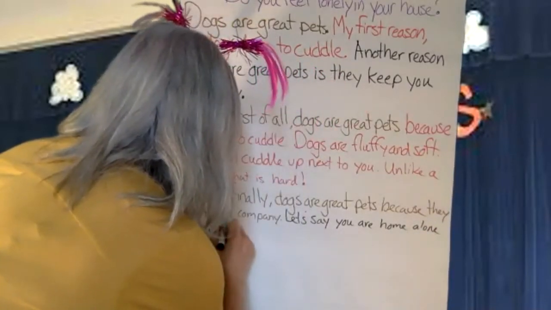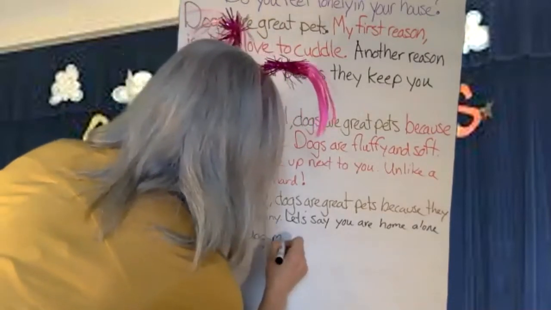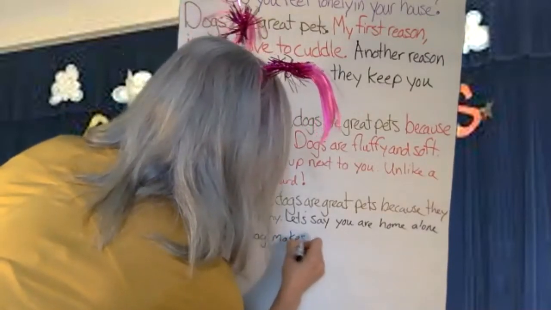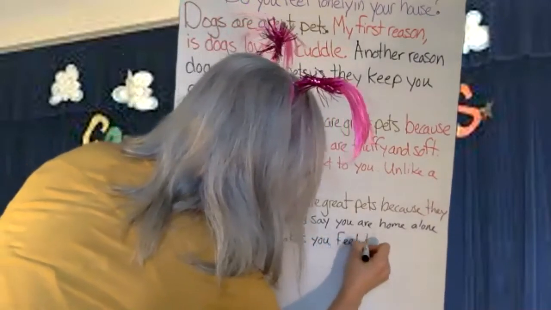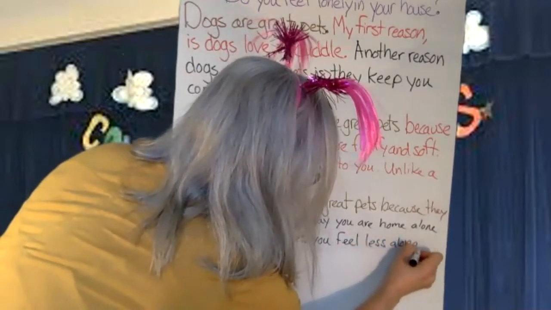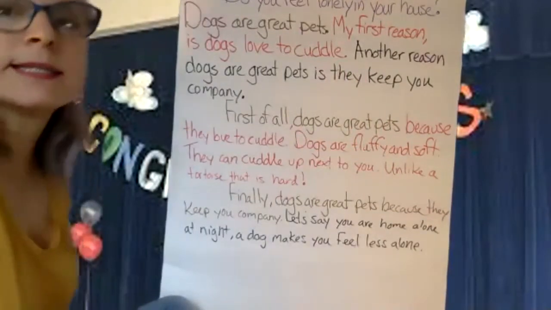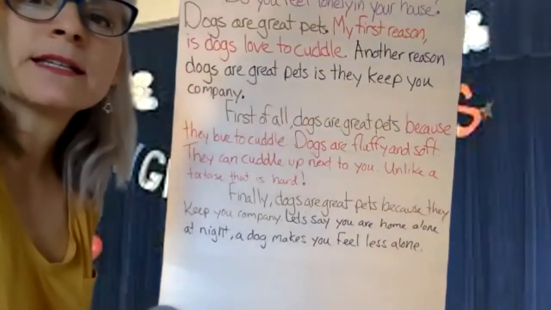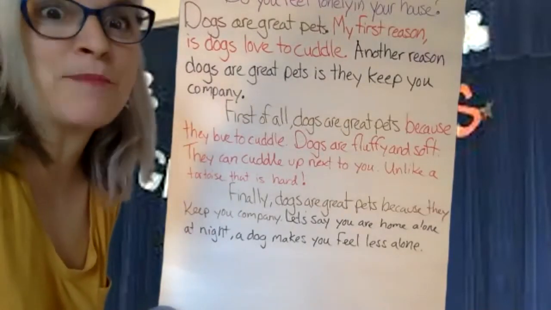A dog makes you feel less alone. So there's an example. And then you might explain your thinking. You might say why it's important, right? During COVID, tons of people have been getting dogs for company, right?